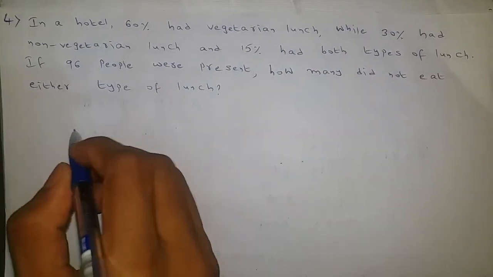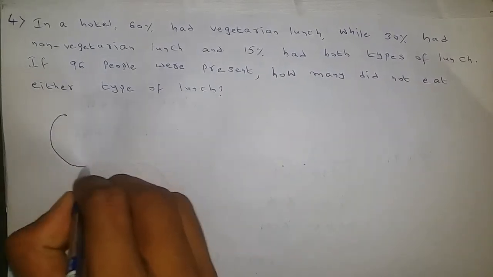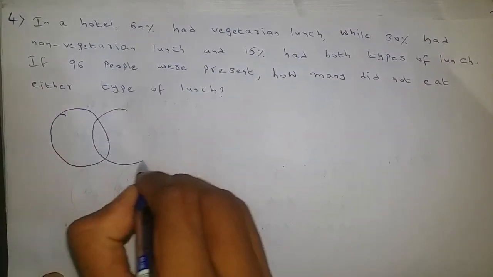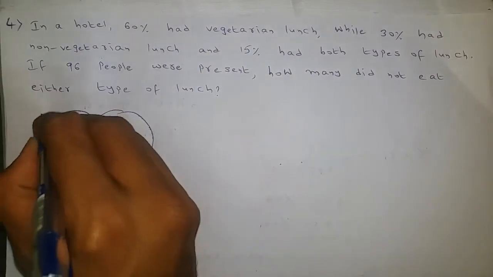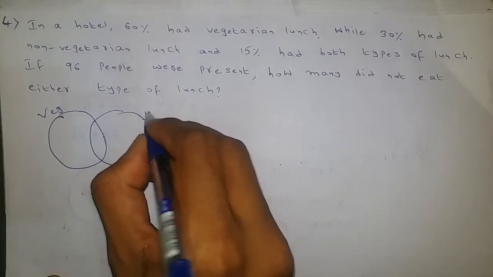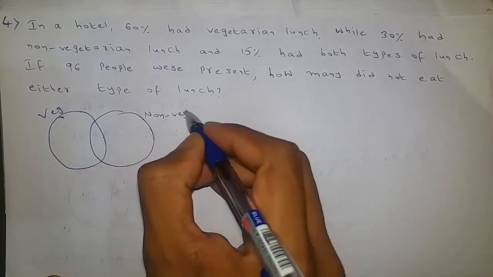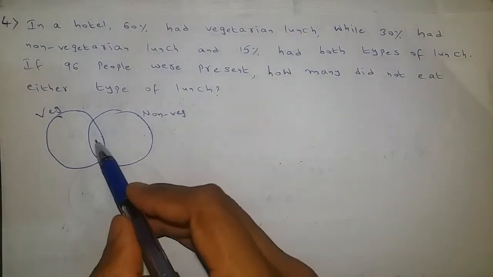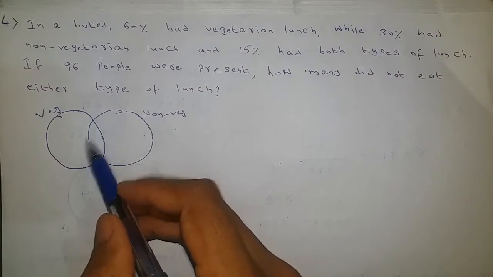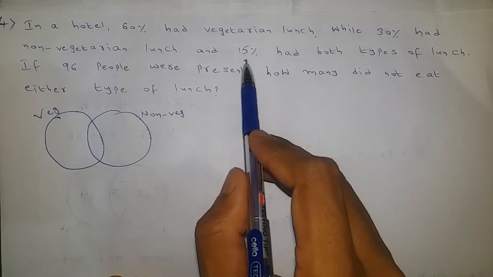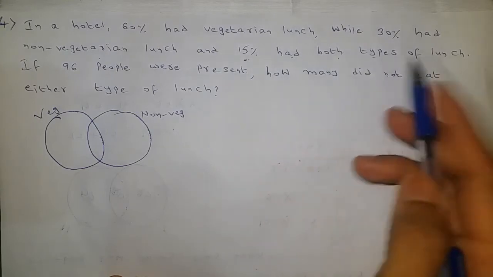So again I am going to explain this with the help of Venn diagrams. Here two types of lunch are there, one is vegetarian and one is non-vegetarian. So one circle represents vegetarian and one circle represents non-vegetarian. The region where both circles touch each other is for both. So this represents 15 percentage who had both types of lunch.